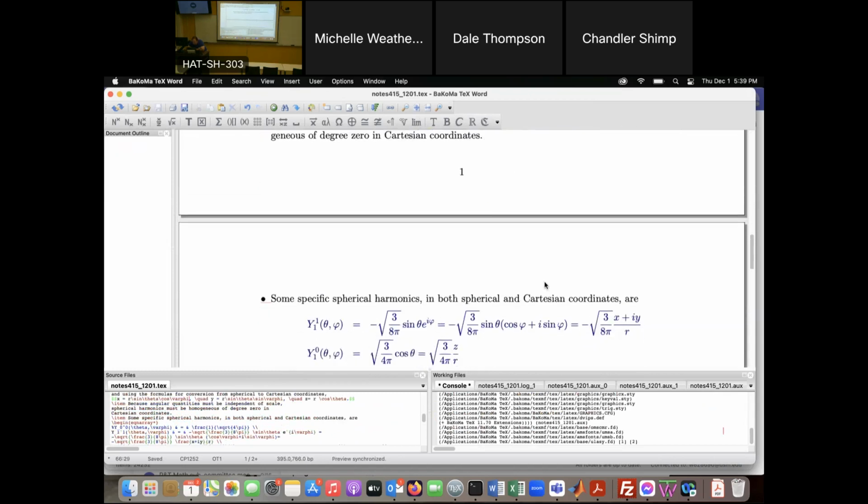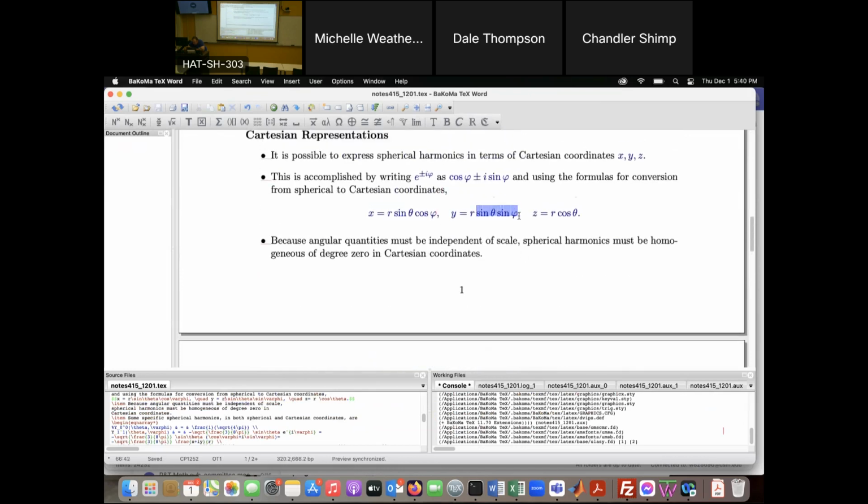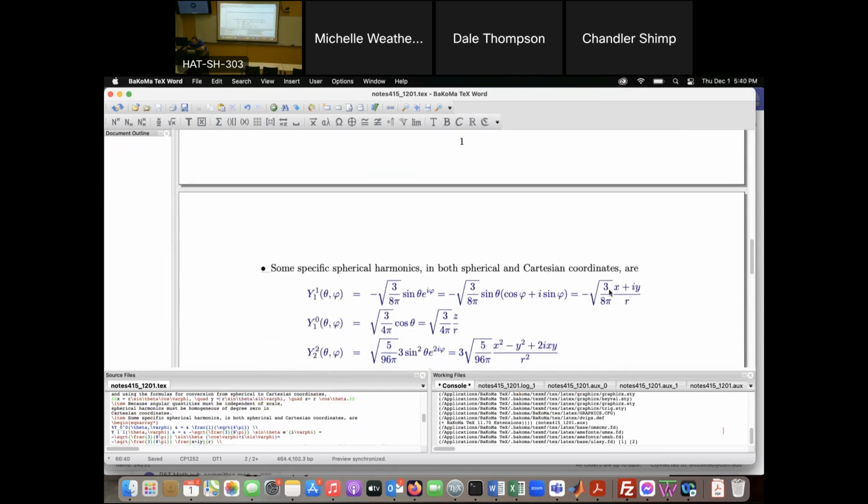That is how the x over r appears here. And here I have sine theta sine phi. Going back to those same formulas, that would be y over r. And keep in mind, r is the square root of x squared plus y squared plus z squared.